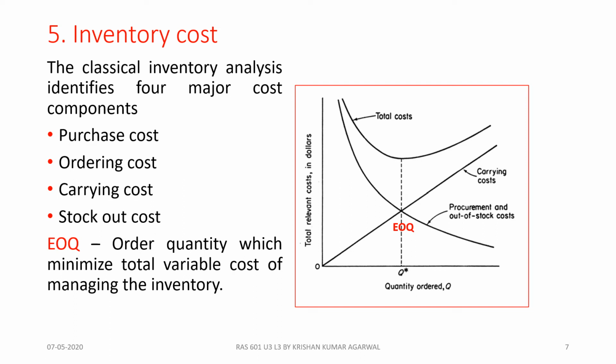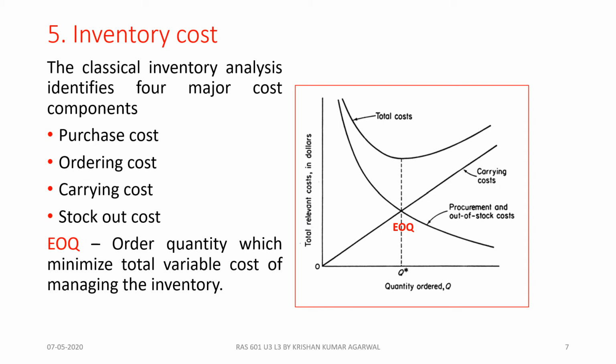If the company people are unable to maintain the inventory in a proper manner, then a shortage can take place, and this shortage is known as the stock out cost. And due to this shortage only, one can face problems like they will not get the order in the future.